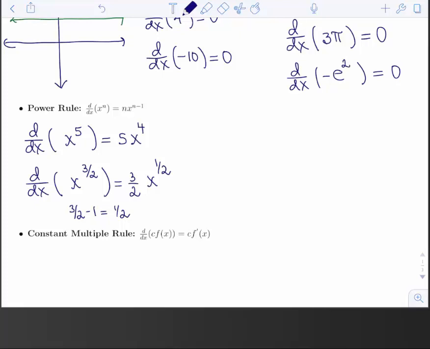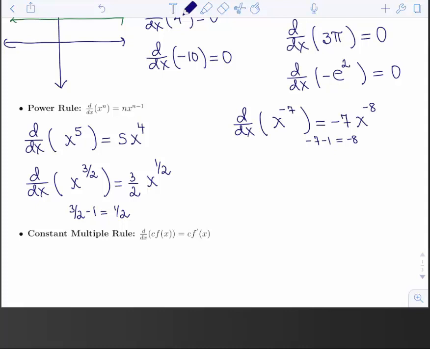Okay? Let's see. We could have negatives. Let's say we have x to the negative 7. The rule is still the same. We're going to bring the negative 7. So keep in mind that negative doesn't disappear. Okay? So minus 7 times x to what power? Negative 7 minus 1, that's negative 8. Okay?